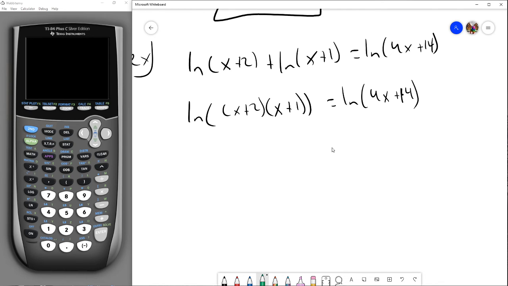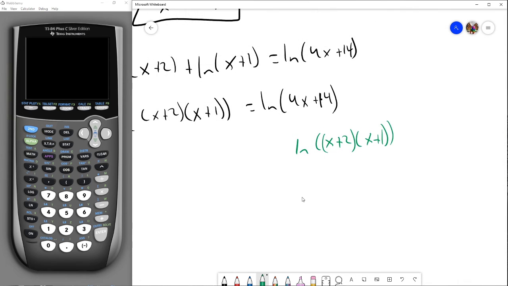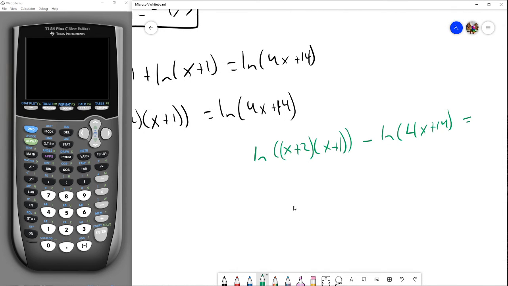How about green? So we would have natural log of x plus 2 times x plus 1. All this would be subtracted from natural log of 4x plus 14. This is equal to 0.